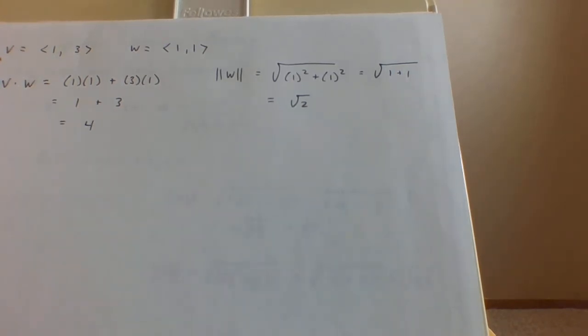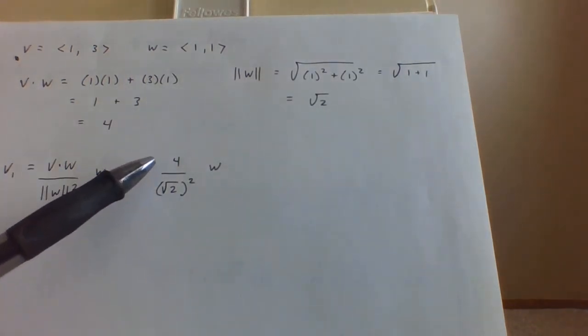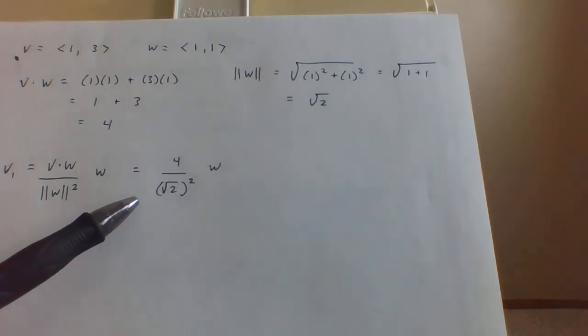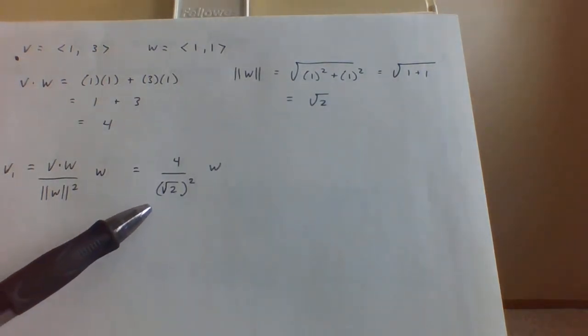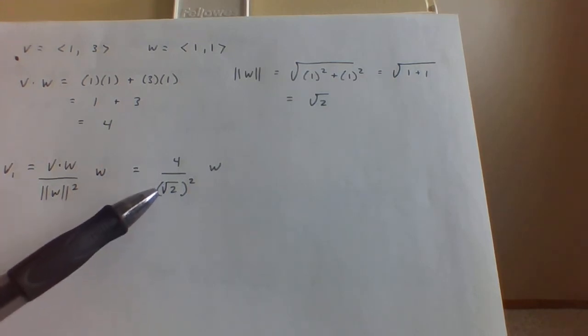Now let's go calculate vector V1. When we plug into our formula, our dot product was 4 on the bottom. The magnitude of W was radical 2, and we need to square that value. So this is going to give us a 4 on top.